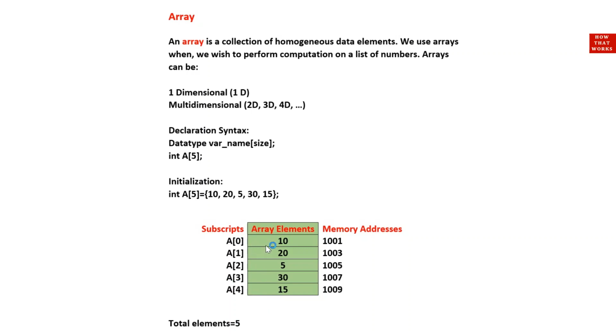The first element is a[0], then a[1], a[2], a[3] and a[4]. If I print %d a[4], it will print the value 15. If I print %d a[1], it will print the value 20. So all array processing works with subscripts. The total elements of this array are 5.